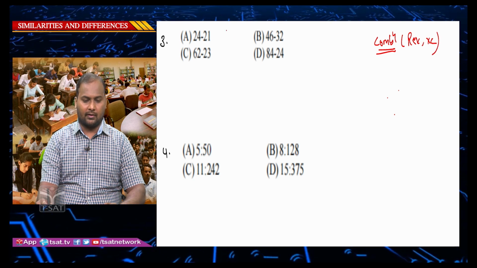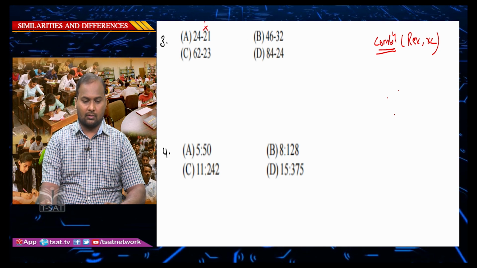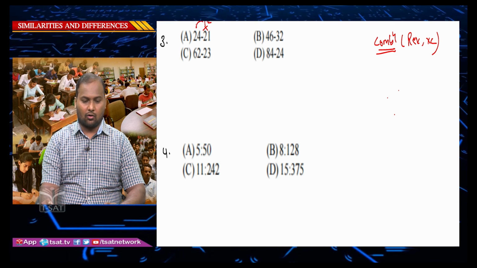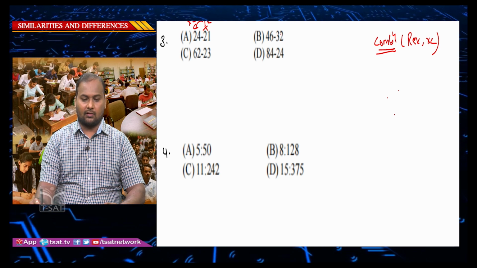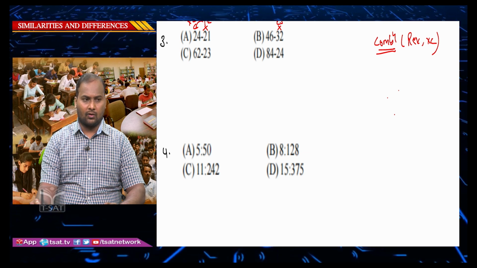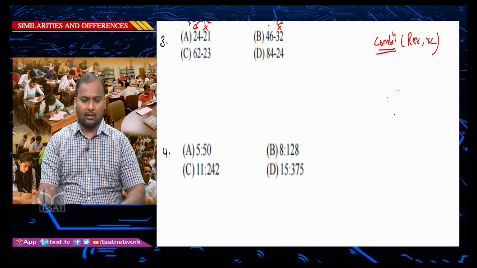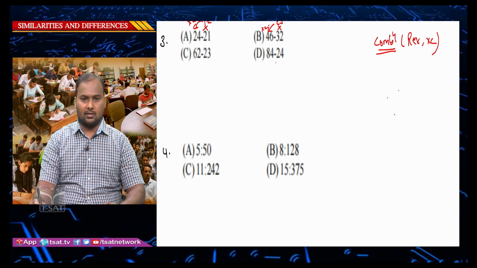So let's try to apply it here. For example, here I am having 21. You reverse this 21, what you will get? 12. So 12 multiplied by 2 is 24. In the same way 32. You reverse this 32, you will get 23. Once you get 23, again multiplied by 2, you will get 46.